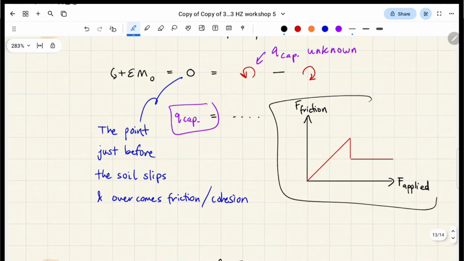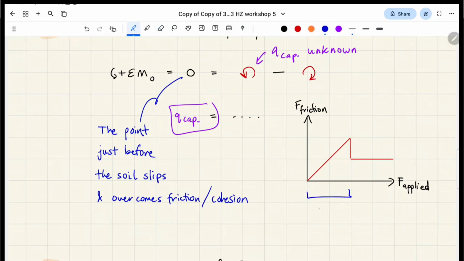On the right here, you're not going to see this in the lecture notes or whatever. This is from 1300. So friction, obviously we have a cohesion component as well, and this is an idealized model, but this is like a friction diagram, right? And in this domain, this is where we have static equilibrium.